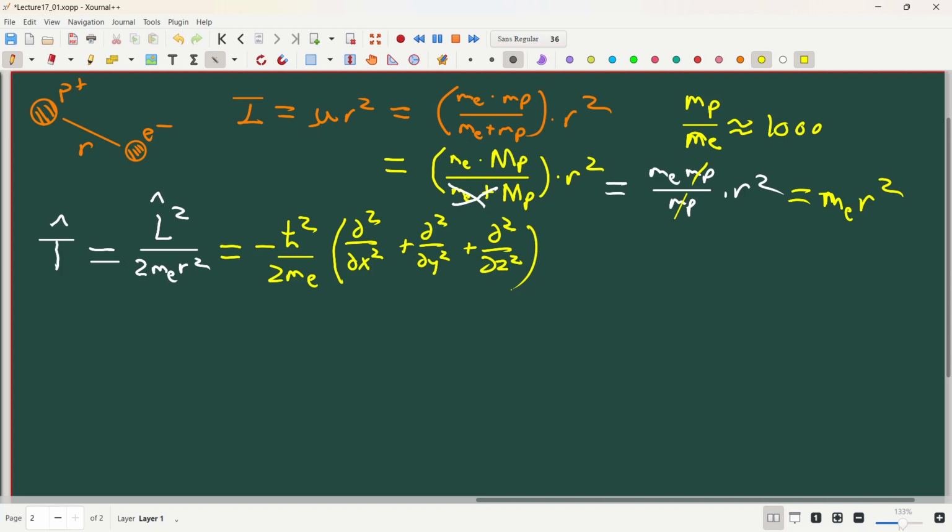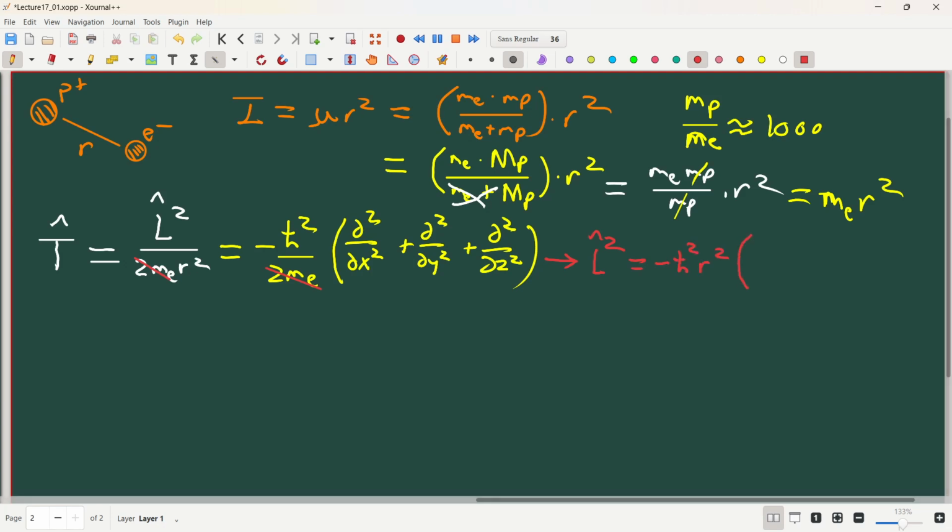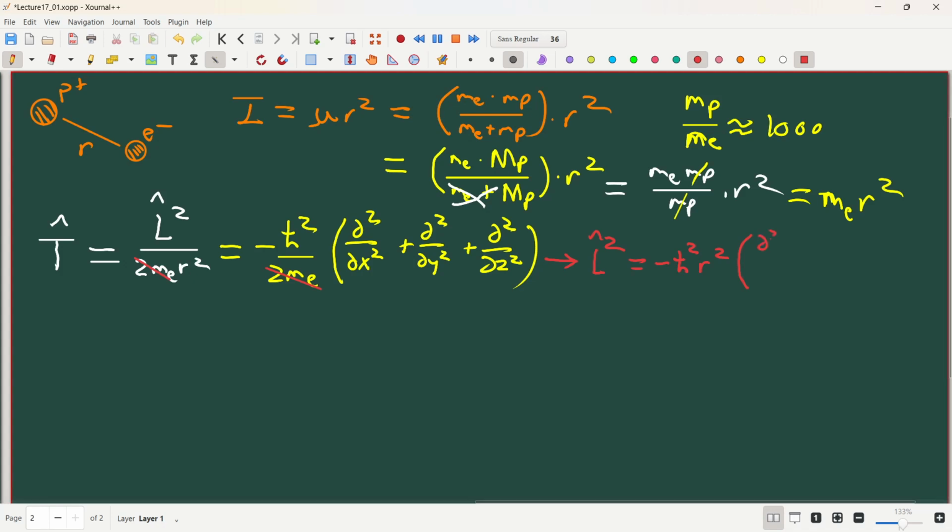So if you look here, we have some nice relationships. We can cancel out the 2 m_e on both sides, and we're left with the operator for L squared being minus h bar squared r squared times the second derivatives.